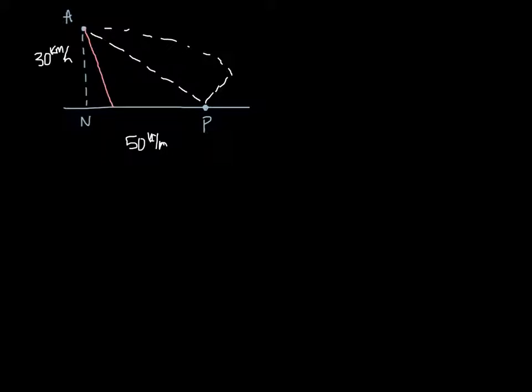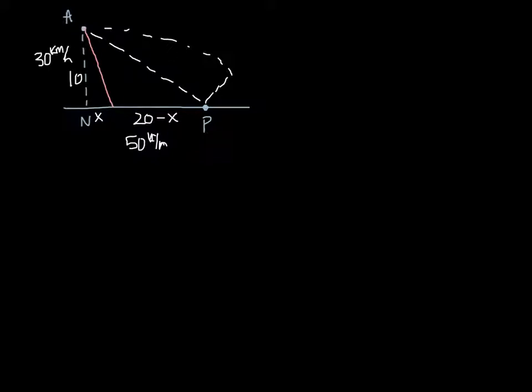So first of all, there's a distance here between where I hit the road and N, and I'm going to call that X. The reason I'm calling that X is because I don't know how far along the road I'm going to hit. I'm just guessing that somewhere over there is going to be the fastest way. So if I call that X, then I need to find out how long I'm on the road. Since from N to P is 20, I can call this 20 minus X. And that'll be how long I'm traveling on the road with my new route.